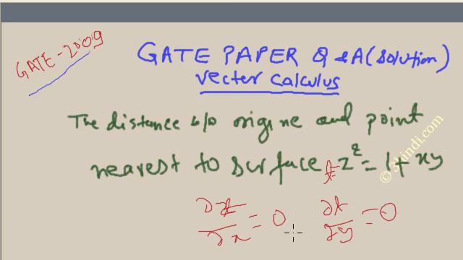If you differentiate with respect to x, that means y is equal to 0, and with respect to y, you will get x is equal to 0. So x and y are 0. So from the origin to the point (0, 0), the distance is 1, so the answer is 1.